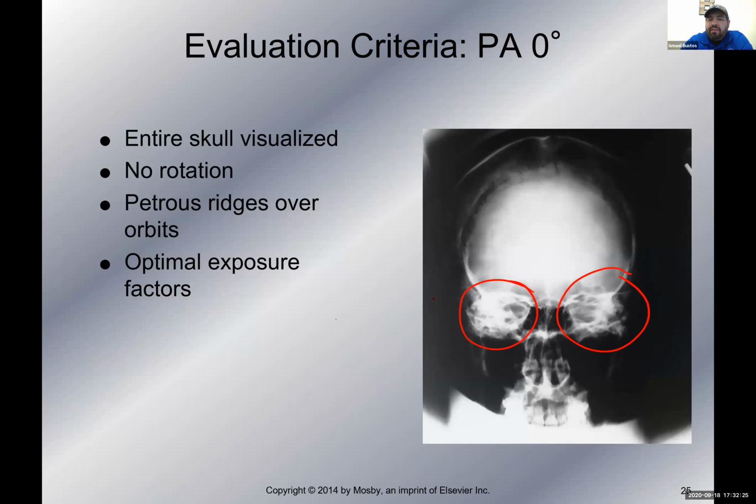So anytime you see the ridges fill the entire orbit, that means your CR and OML are at 0 degrees. There's no angle between them. They were parallel to each other. I want to make sure that we have optimal exposure factors, sharp lines, bony trabecular markings. And again, make sure there's no rotation, no tilt of the patient.